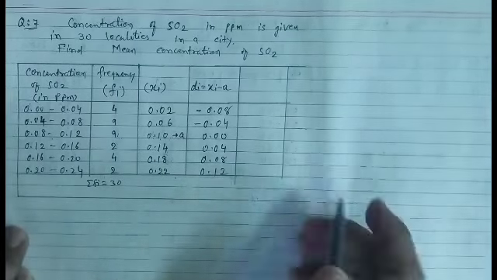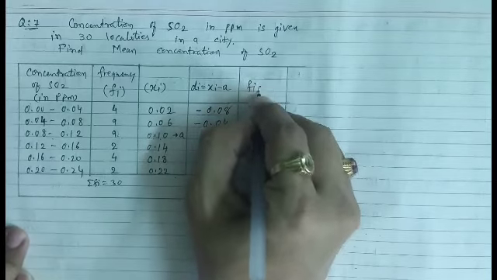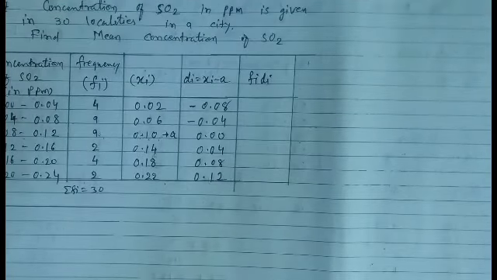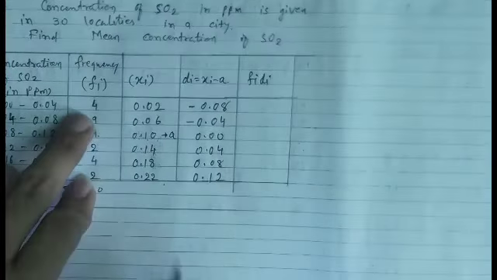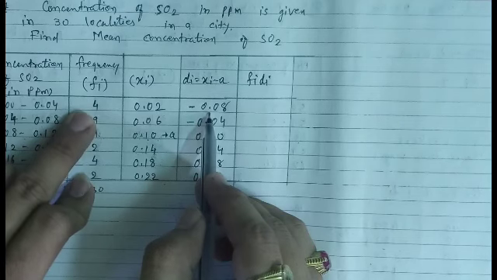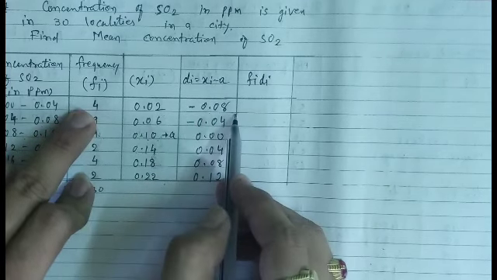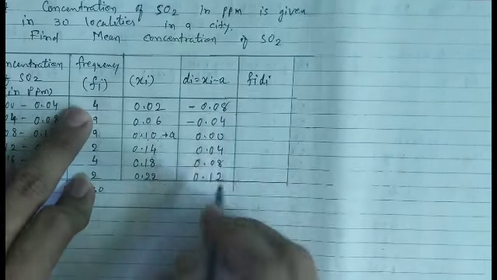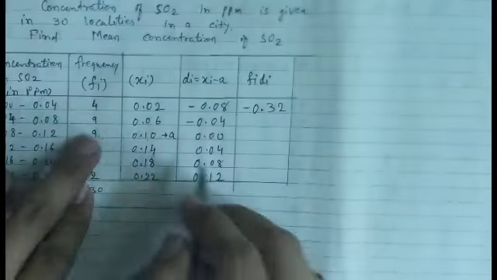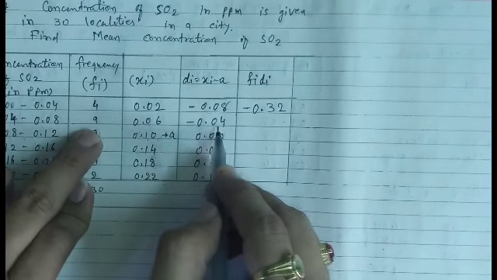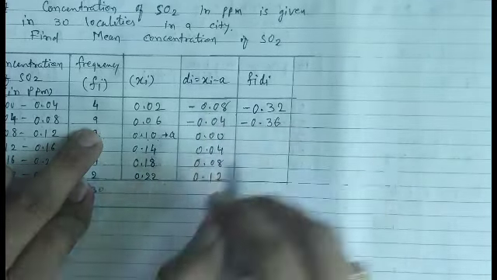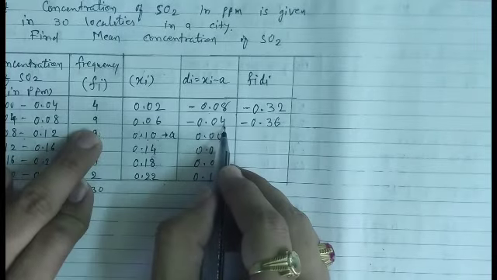Now the next thing we have to find is Fi Di. Fi Di is the product of Fi and Di. Let's see, for the first term, Fi is 4 and Di is minus 0.08. The multiplication of these two terms: 8 multiplied by 4 will be 32. So you will get minus 0.32. Next is 9 multiplied by minus 0.04. It will be minus 0.36. 9 into 4 will be 36.